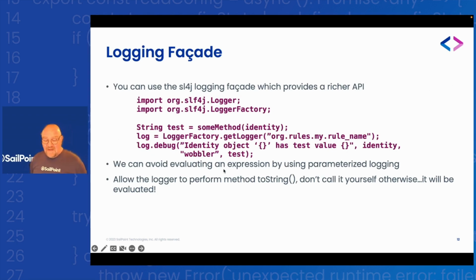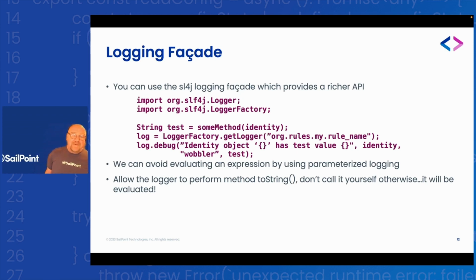So identity and wobbler is being passed in here into the actual log debug statement. And what that means is that you can do string concatenation in effect without actually having the overhead of evaluating it. So that's a good aspect of SLF4J when you're doing logging.